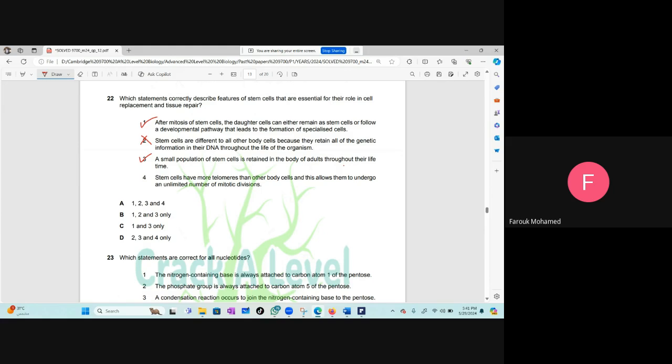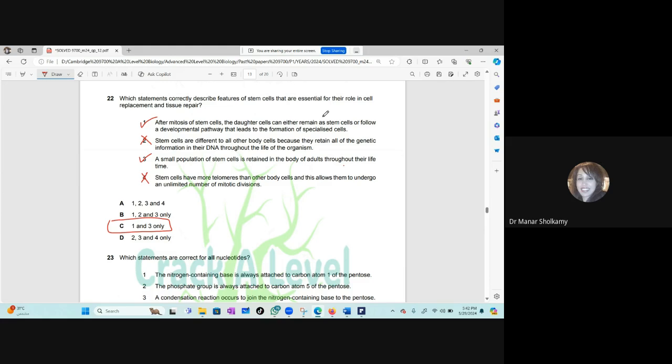No. They have more telomerase, this is correct. But stem cells will never undergo an unlimited number. They divide more than the normal cells, but not unlimited. Anything unlimited will be cancerous. Unlimited means they never die, and every cell in your body dies at one point. So four is incorrect. So the answer is one and three. So the answer must be C.